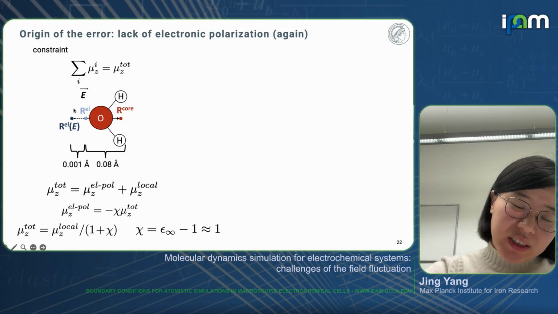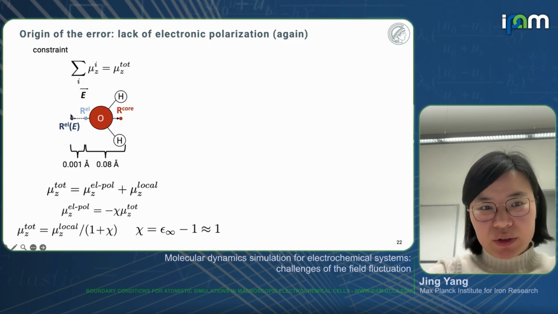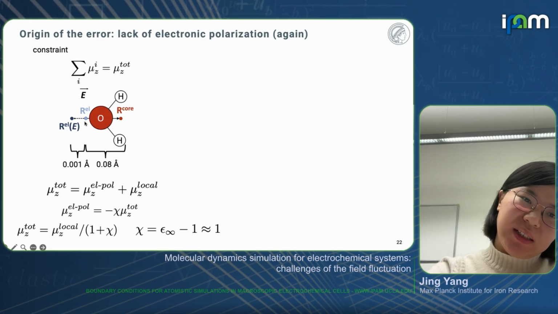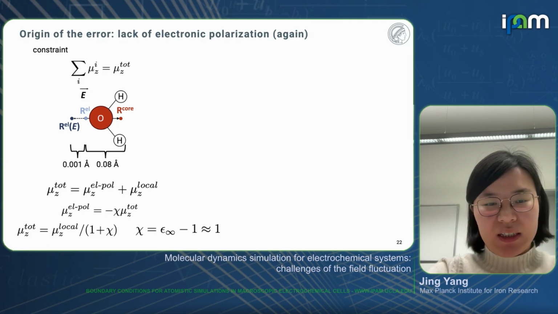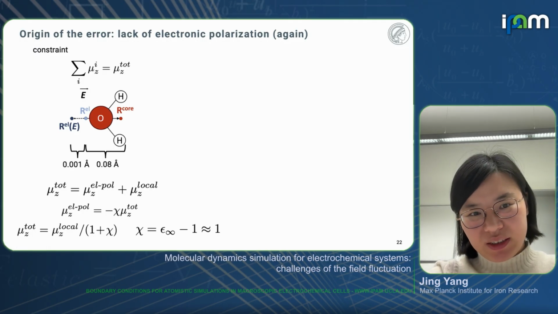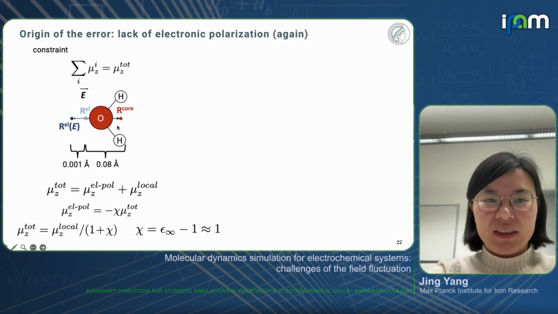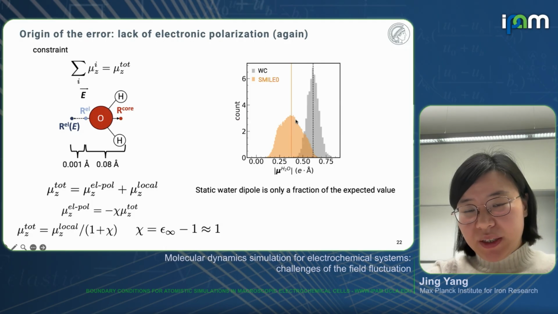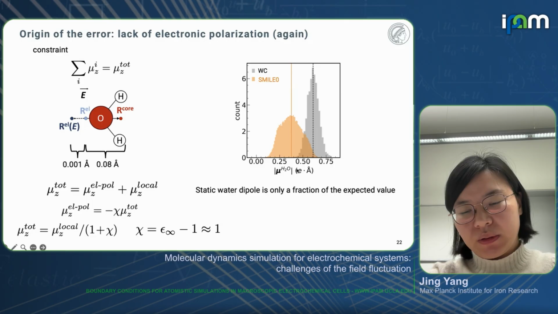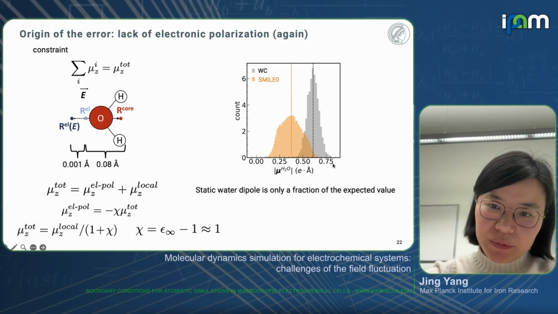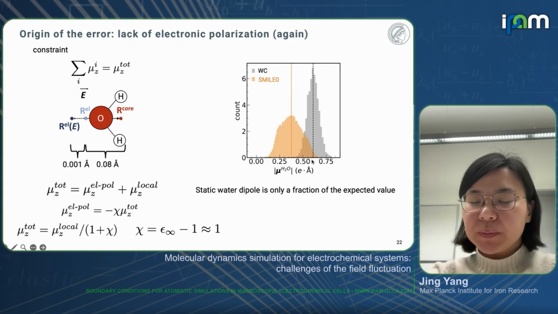However, since the machine learning model cannot capture this electronic polarization part, so instead of separating the total dipole into the static part and the electronic polarization part, it instead just scales the static part. And this is shown by this result if we plot the magnitude of the individual water molecule dipole predicted by the SMILE model comparing to the result from the Wannier center model.